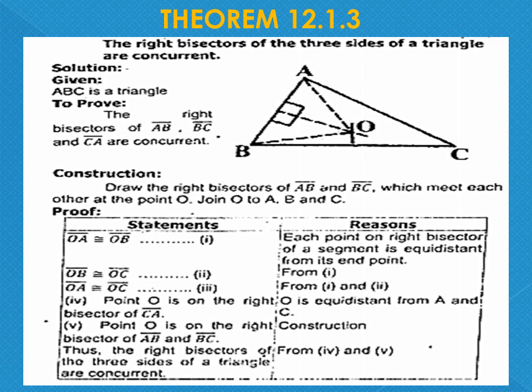It means if we draw the bisector on side AC, then it will also be equal to them. So OA is congruent to OC also. But point O is on the right bisector of AB and BC.